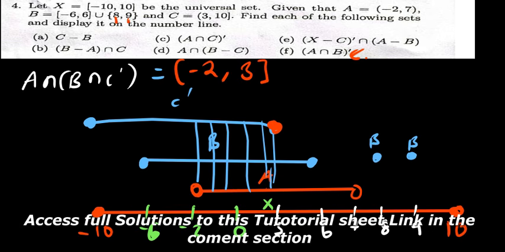Now let's go to E. E is also a bit interesting, but let's see how interesting it is. So E is saying X minus, which is the same as X intersection C complement, and then we also have a complement outside, intersected with A intersection B complement.